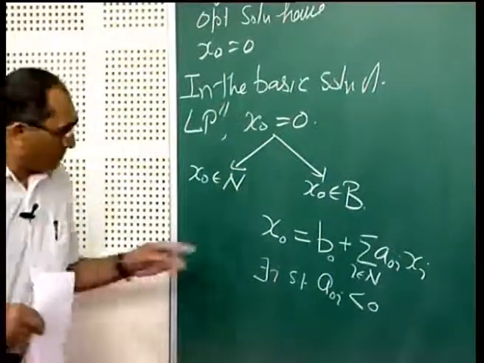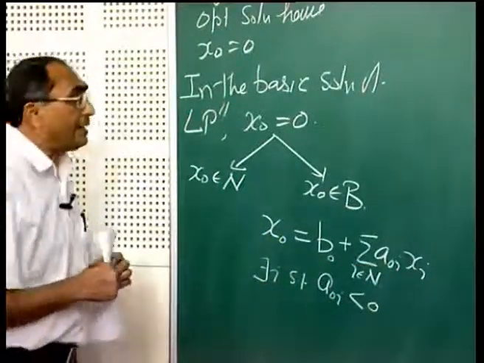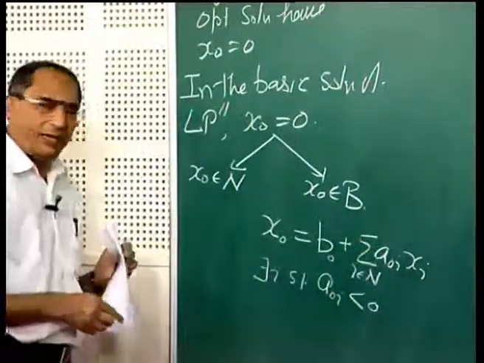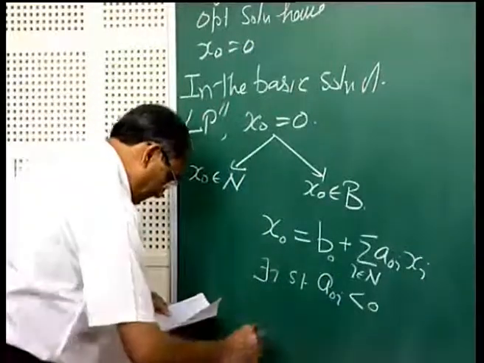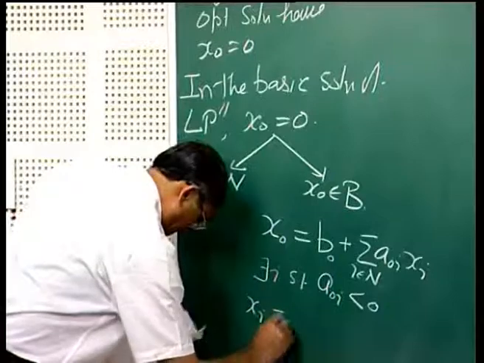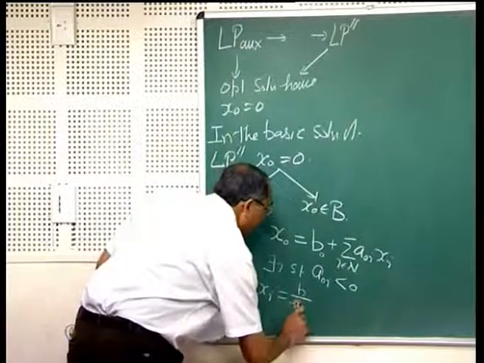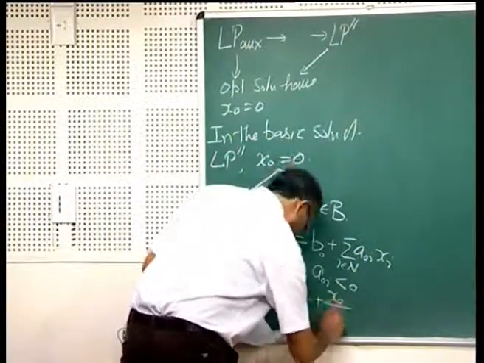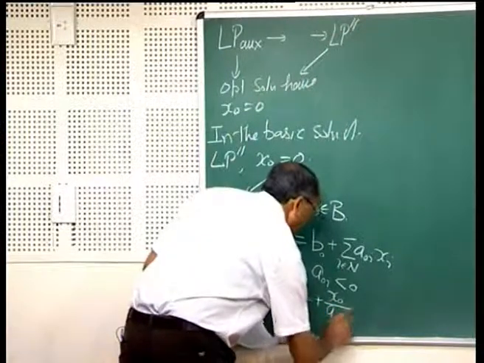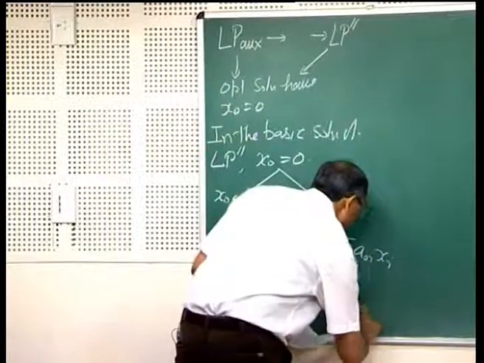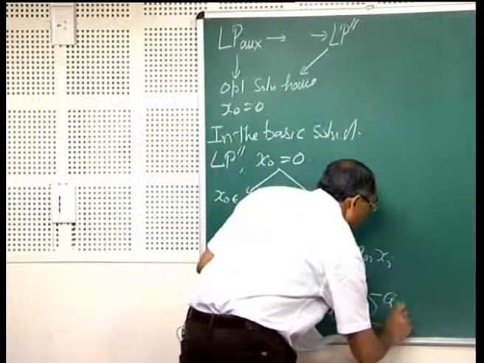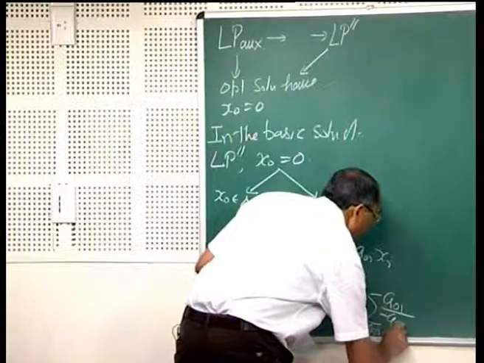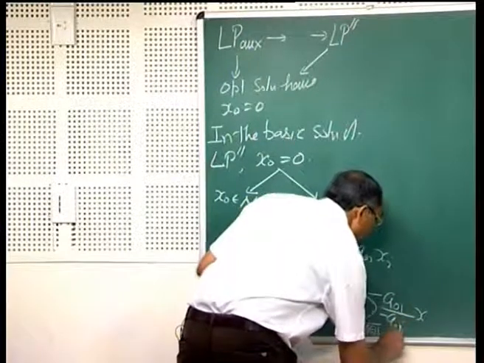Now, in this situation, I can perform one transformation where we swap xi and x naught, and that will be xi equal to b over minus a 0i plus x 0 divided by a 0i plus sum a 0j, j other than i, divided by minus a 0i xj.